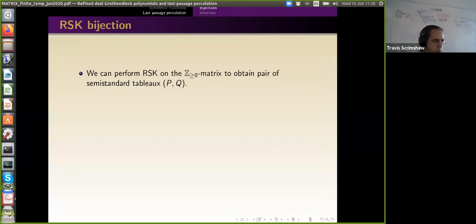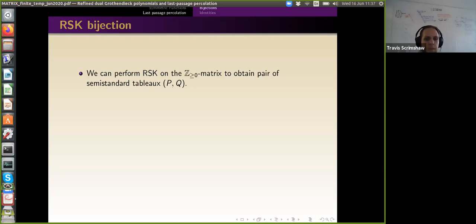So we have this matrix filled with non-negative integers. And a natural thing to do to this, at least if you're a good combinatorialist and you read Stanley's EC2 chapter 7 many times, is, well, let's do RSK on this.